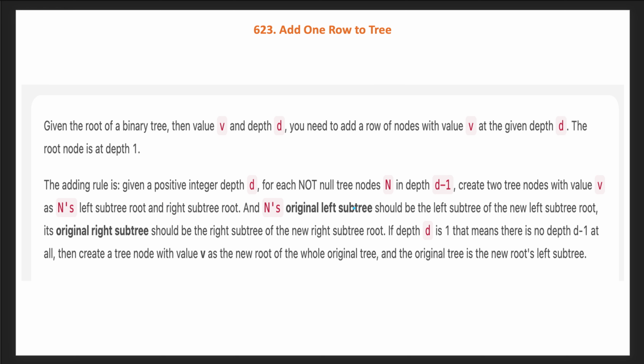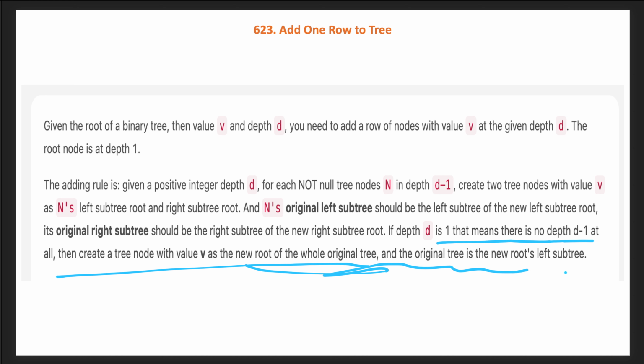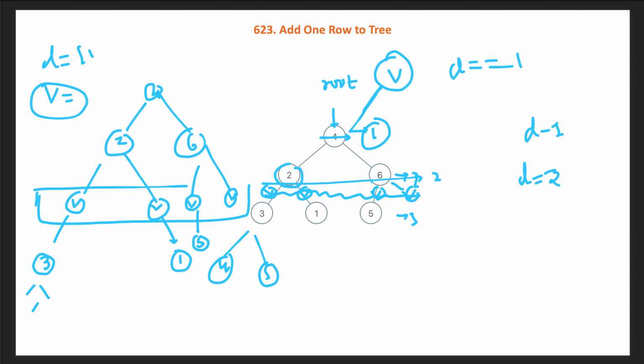It is given in this problem. So if d is 1, meaning there is no depth d minus 1 at all, we have to create the new row and assign the root of the original tree as the left subtree. We handle this as a separate case. Otherwise we can write a generic algorithm for solving this problem.